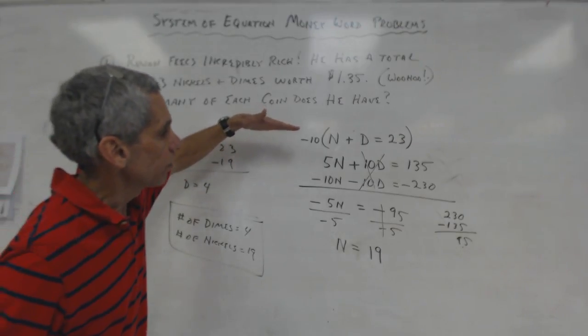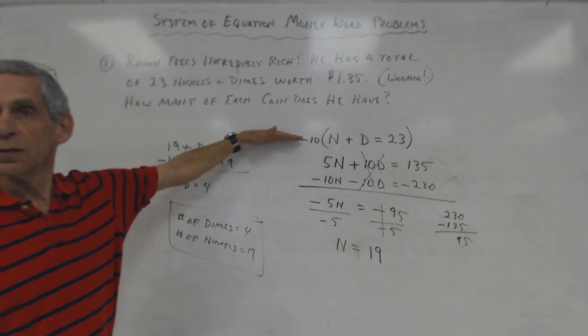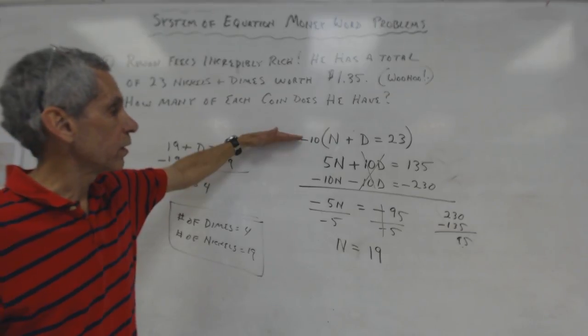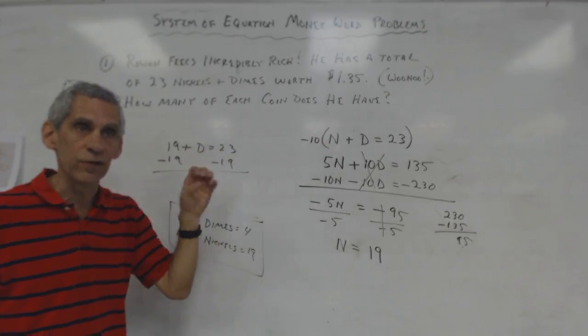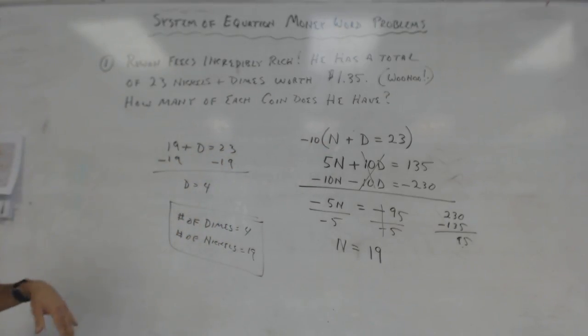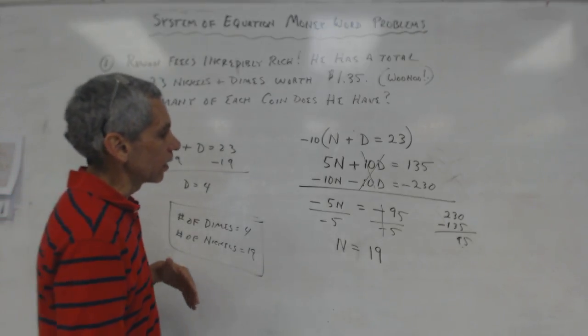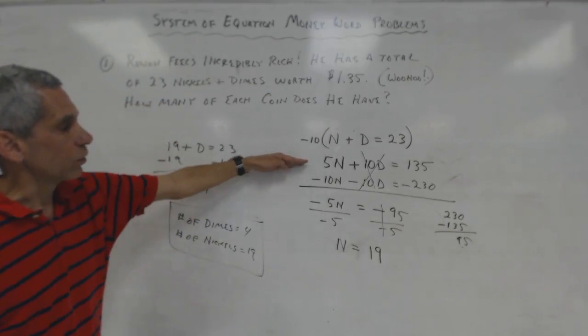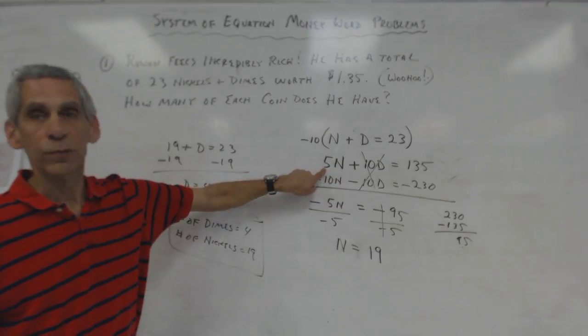So I have two equations. One is my quantity of coins, the number of the coins, where you use just N for nickels, D for dimes, Q for quarters, and P for pennies. And then the other one would be the value, where in front of nickels I always put a 5.